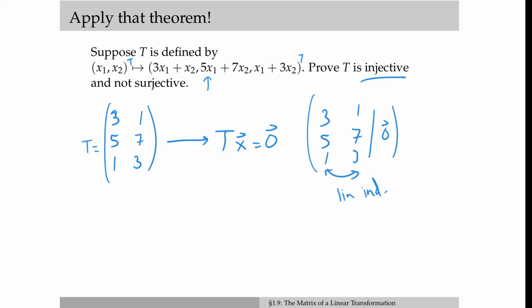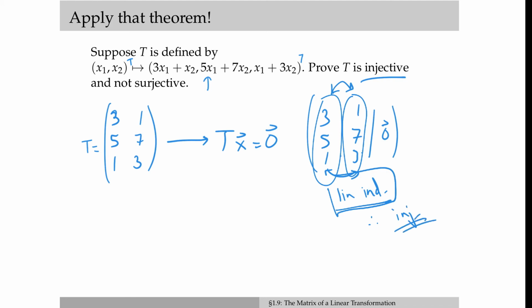So why are these columns linearly independent? Well, think back to the lecture series on linear independence. Two vectors are linearly independent as a set if they are not constant multiples of each other. I told you that theorem was going to be important. Are these constant multiples of one another? Nope, they are not. Therefore, we are linearly independent, and therefore, we are injective.